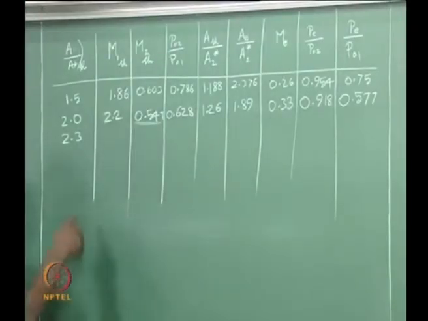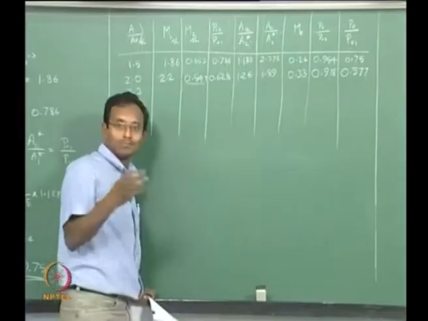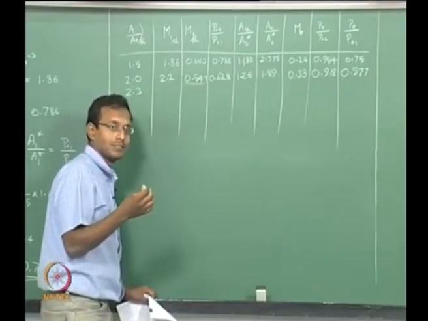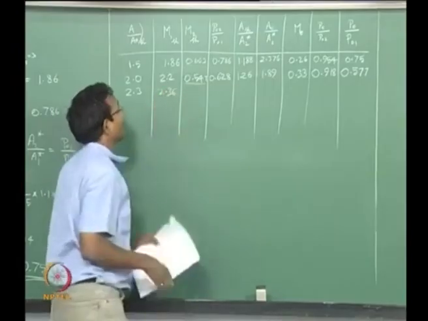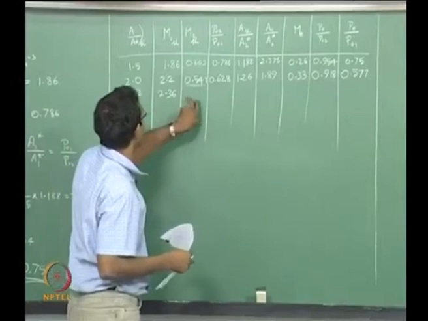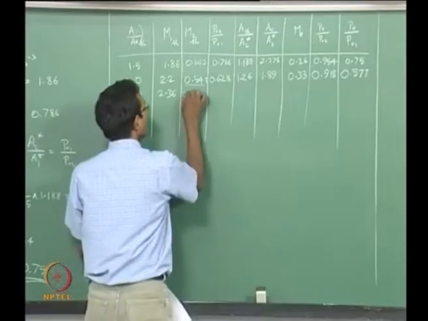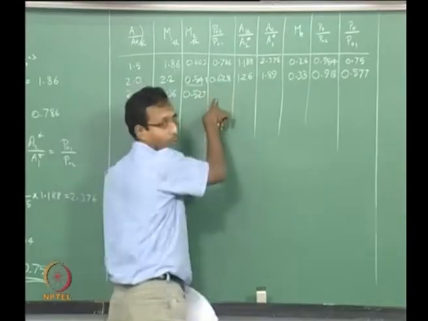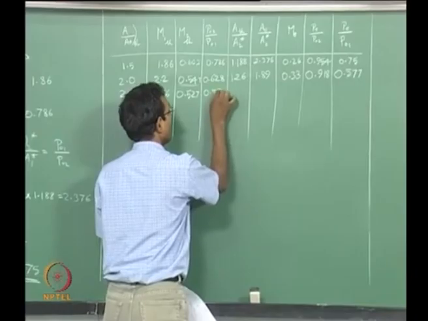Okay, so if my A by A star is 2.3, what should be my Mach number? So I am looking for tables. 2.36. Now we go to normal shock tables. 2.36. I want the downstream Mach number and P02 by P01. 0.527 and the P02 by P01, 0.557.